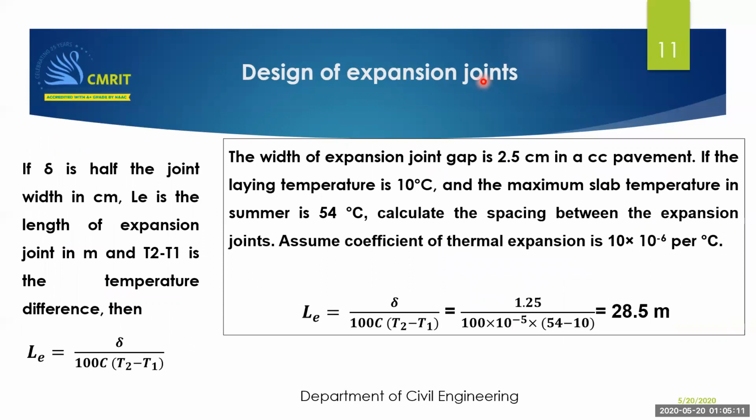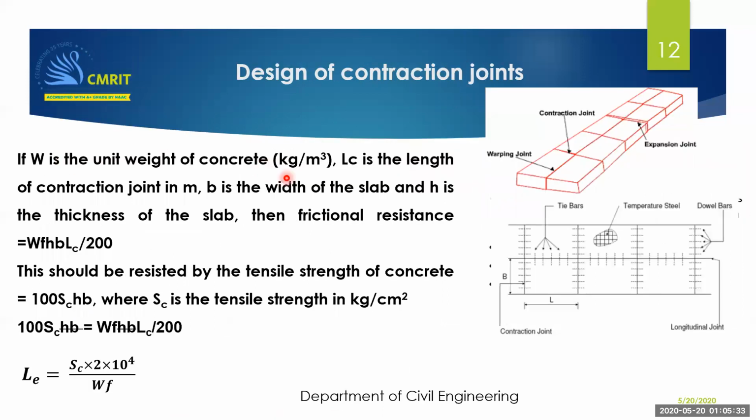Now the last topic, that is the design of expansion joint. If we are looking for delta, suppose 2 delta represents the joint width. Normally it is around 2 to 2.5 centimeter. Half of the joint width is what we consider, because, I think I have a picture here. Yeah.